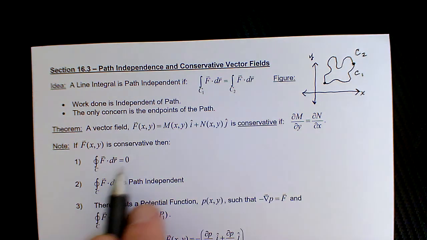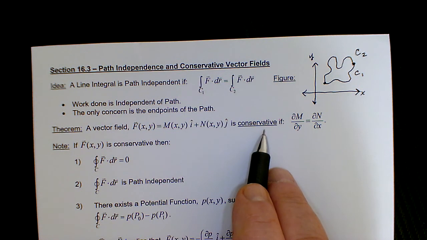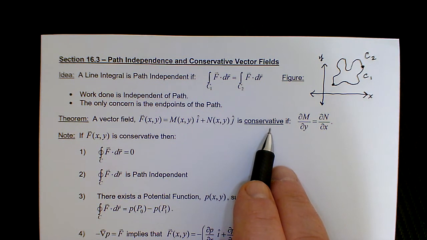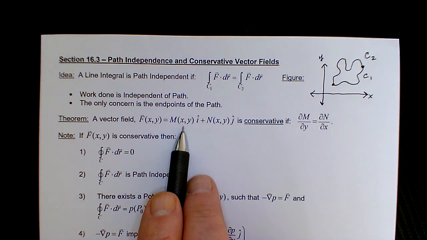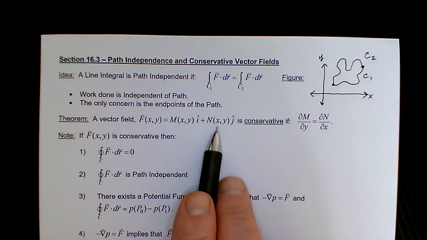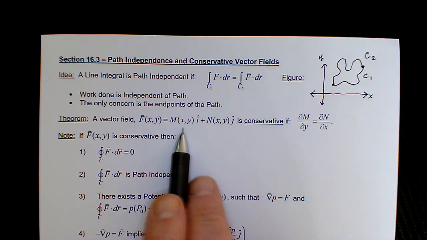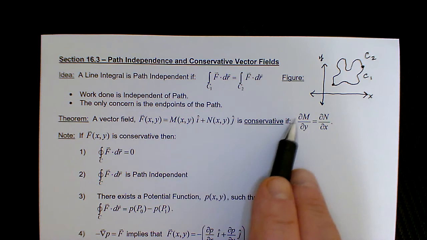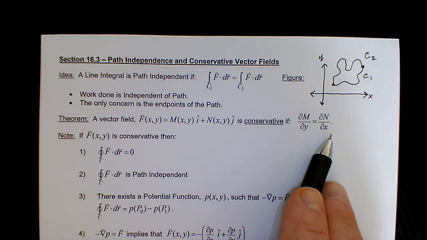Okay, so we say it's conservative. So we further define what we mean by conservative. If this vector field is of the form, we have a function of x and y times i, and a function of x and y times j, which we're calling M and N respectively. If the partial of M with respect to y is equal to the partial of N with respect to x, then we say it's conservative.